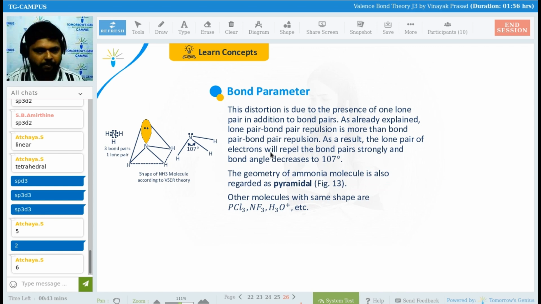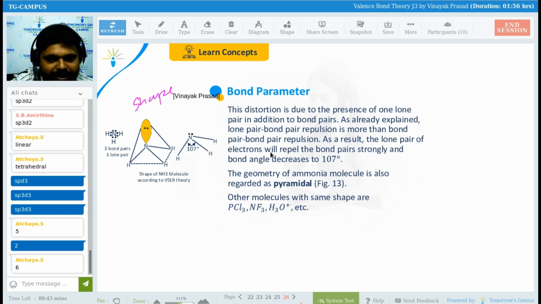What do you feel? Shape can be different, right? If a lone pair is there, the shape is pyramidal, as we write. The geometry will be the same, but the shape will be different. Getting my point, everyone? Any problem, anyone?